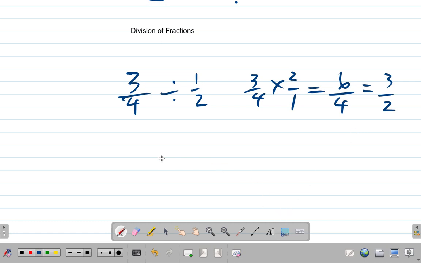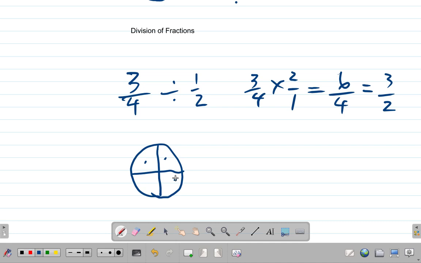Now, if we look at it, you have 3/4, this and this, and you're going to divide by a half. When you divide by a half, what you really are saying is that you have something and you divide by a half. What was it before you divided by a half?